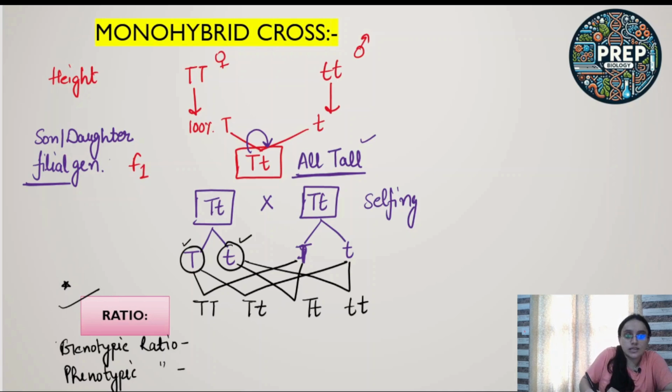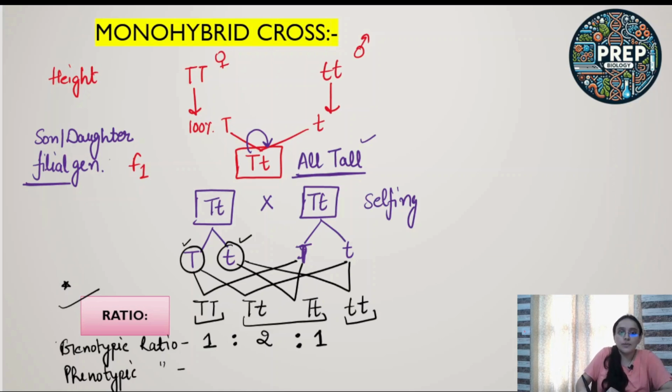If we see the genotypic ratio, capital T capital T shows pure tall, 1 ratio. Capital T small t, how many? 2. They show the hybrid. And small t small t shows the pure dwarf, so this is also 1. So we have 1 pure tall, 2 hybrid, and 1 pure dwarf.